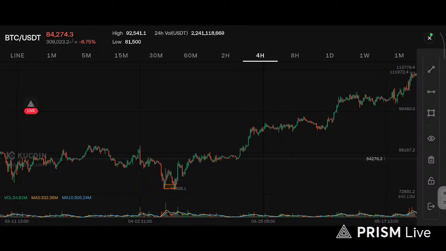With a double bottom, when the price breaks the neckline, there's a high probability that the market is going to spin higher and higher. So that is how it works.